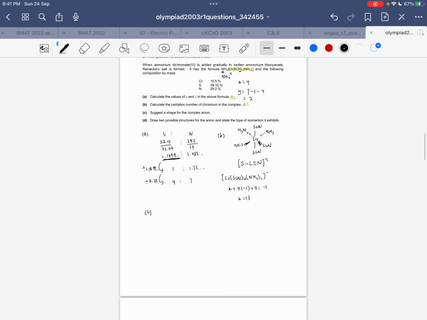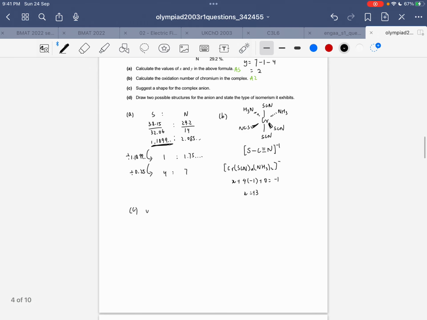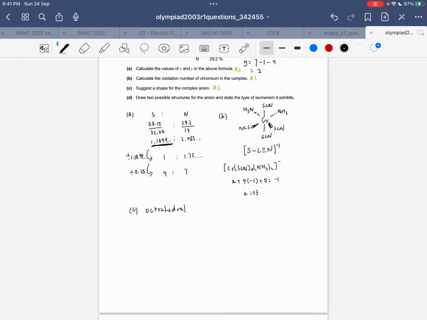And C, I've already drawn out the structure for the complex anion, and because there are 6 ligands around the chromium atom, it will follow an octahedral shape. This one is a topic in A2 transition metal chemistry as well.